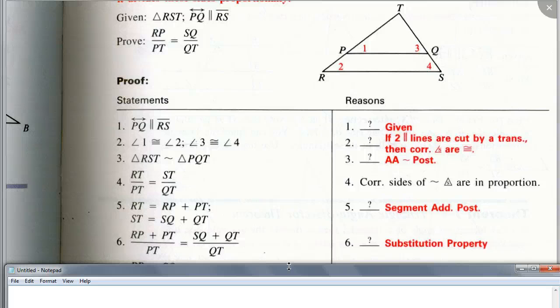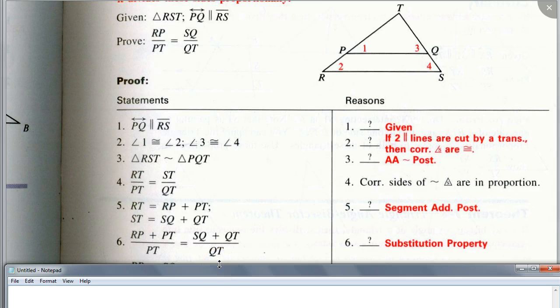So from this step, what are we going to say next? We got RP plus PT over PT. Can't you separate this into two fractions? Isn't it the same? RP over PT plus PT over PT equals SQ over QT plus QT over QT.